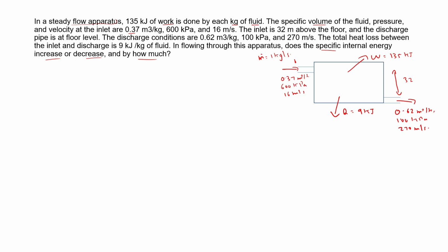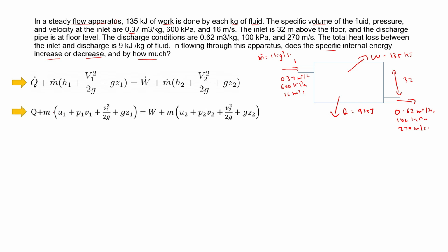Now let us apply the steady flow energy equation here. This is our steady flow energy equation: Q dot plus m dot times h1 plus v1 square by 2g plus g z1 is equal to w dot plus m dot times h2 plus v2 square by 2g plus g z2. We are splitting h1.